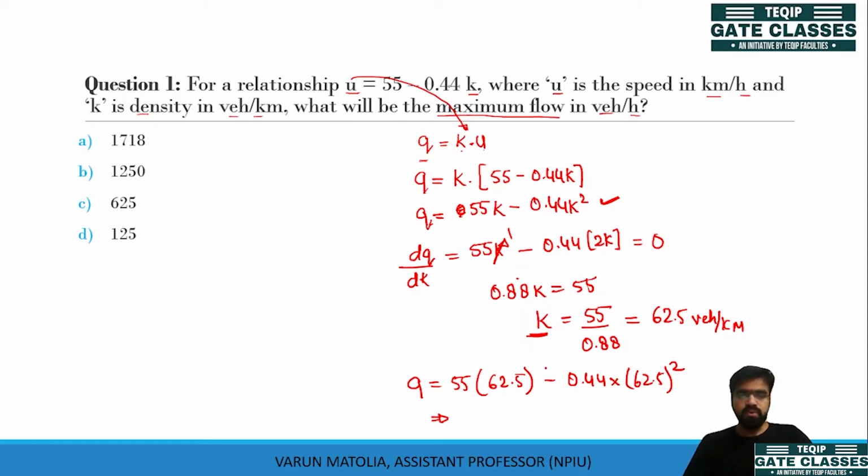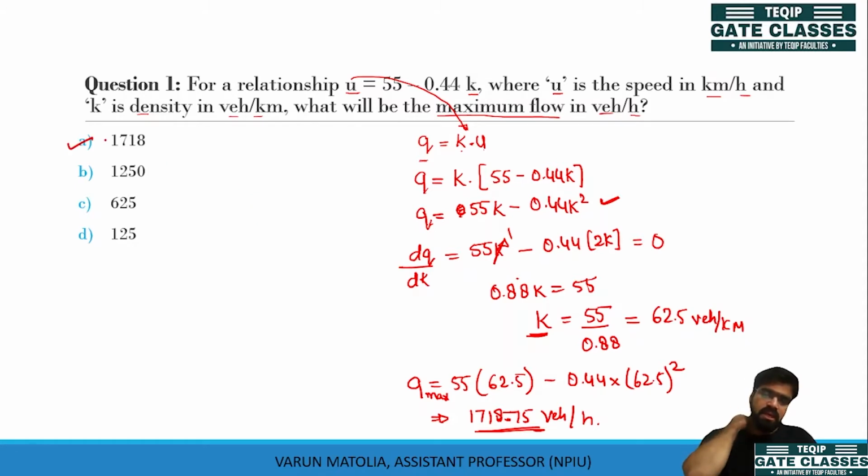So the value which is coming out is 1718.75 vehicle per hour. So this value is your answer. This is Q max. We have the option A as 1718, which is nearest to our solution.